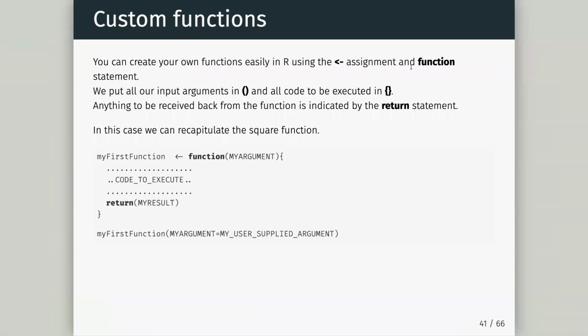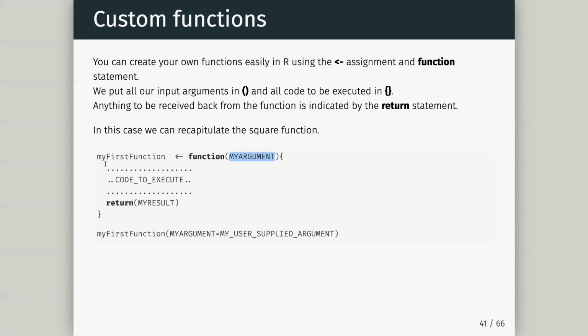We just need to use this function statement. So we assign this function to the name, what we want to call our function. So here I'm going to create a function called my first function. I assign to it, and I have function here, and then here I put any arguments, any parameters that I want to pass into my function, which I want to be used by my function.